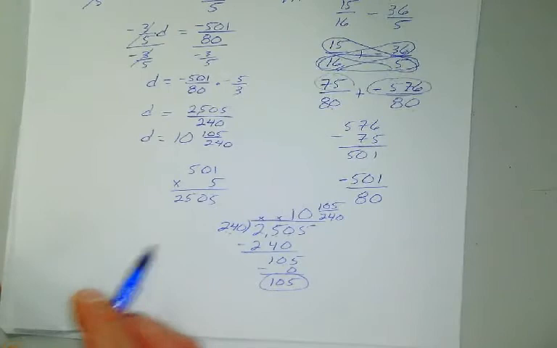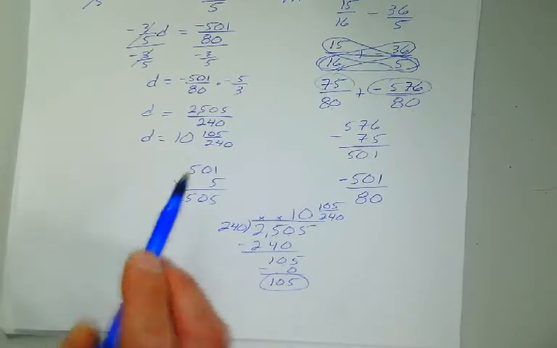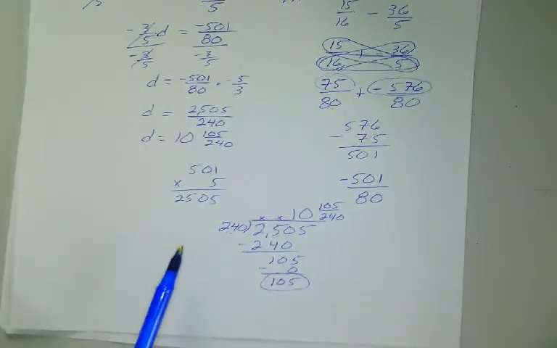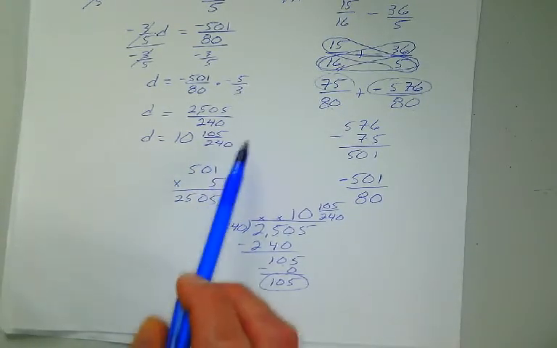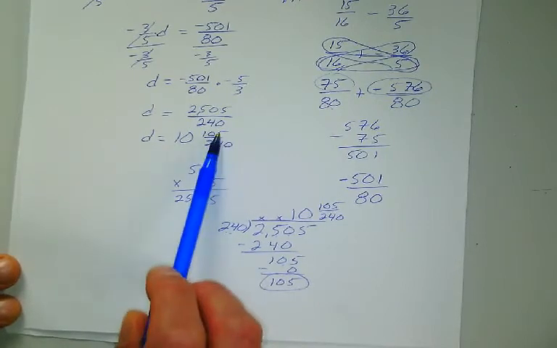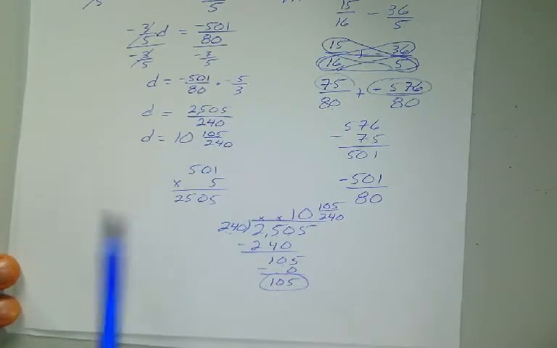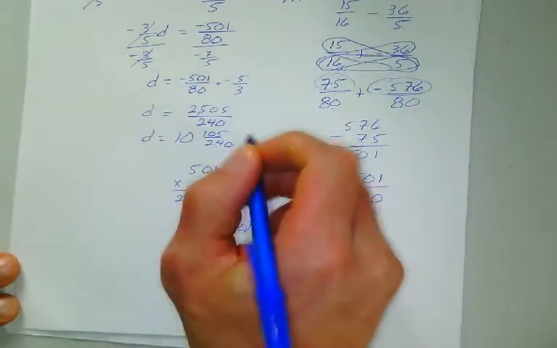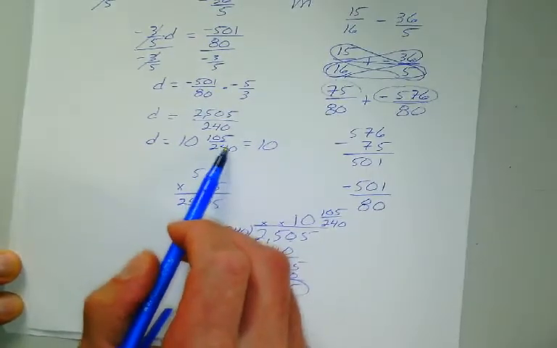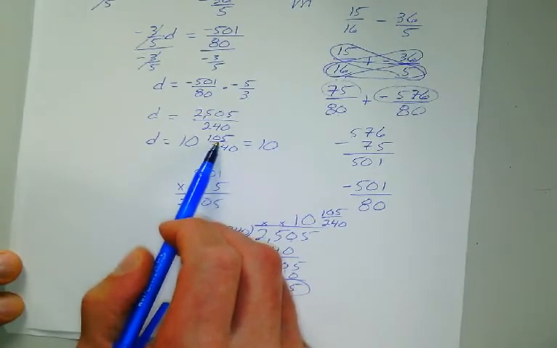Now, we're still not in simplest form. If I posed this question and said it had to be in simplest form, we would have to simplify this fraction. I know for a fact that both these numbers are divisible by 5 because the top one ends with 5, the bottom one ends with 0. So I could simplify this down to 10 and, how many times does 5 go into 105? 21.